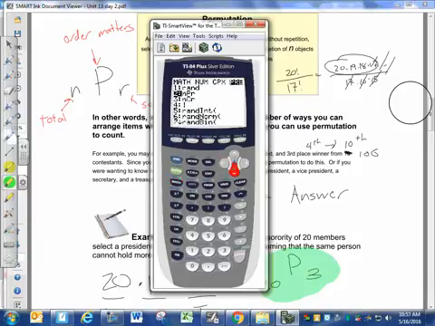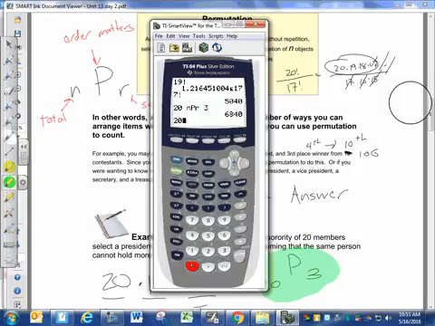Everybody do that. You select that, and that's the number you're putting in for n. For r, you type in the number that you're going to put for r, and you get this. Well, what do we end up finding? This is the same as 20 times 19 times 18, which we figured out conceptually.